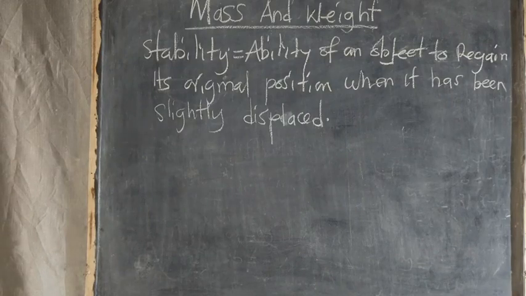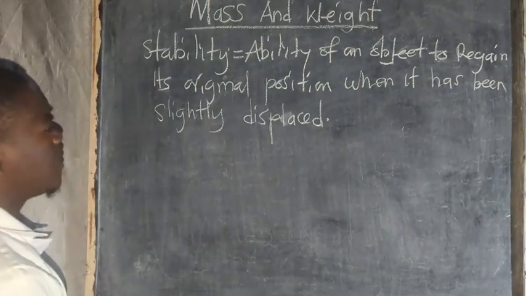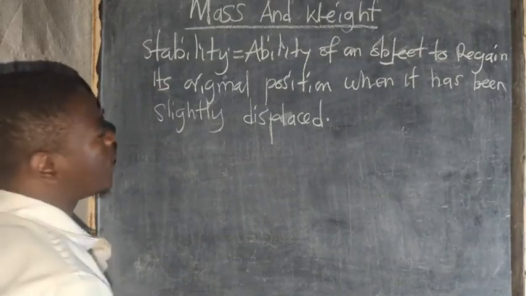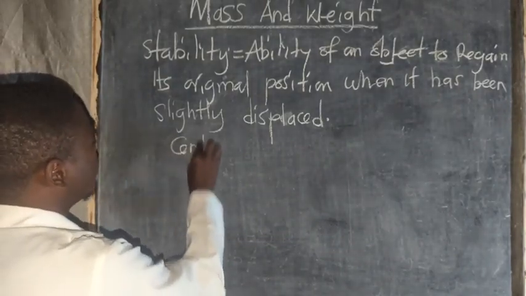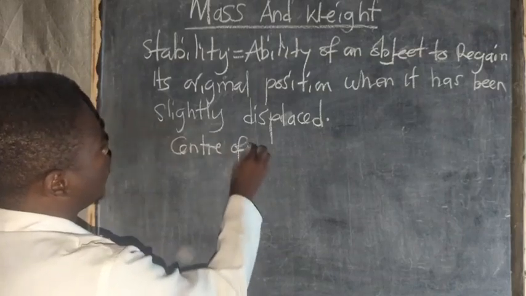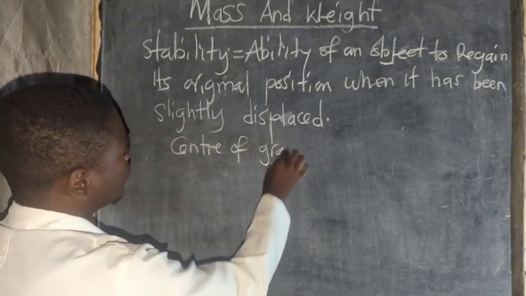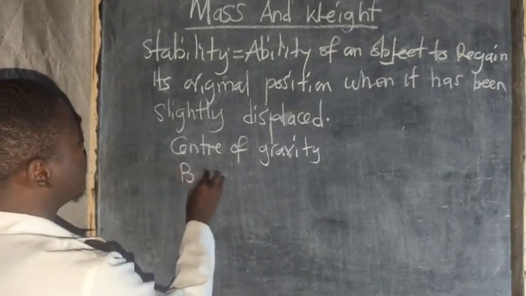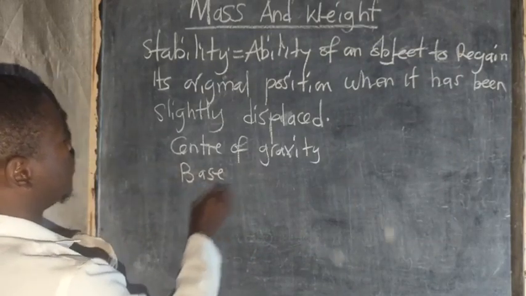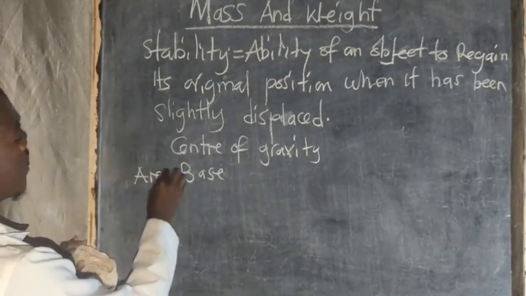Whenever we are talking about stability, you discover that we just talk about 2 important things, which are the center of gravity and the base area.